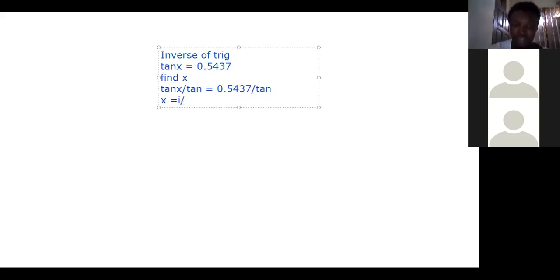So x is equal to 1 all over tan times 0.5437, and 1 all over tan can be written as tan raised to the power -1, right?